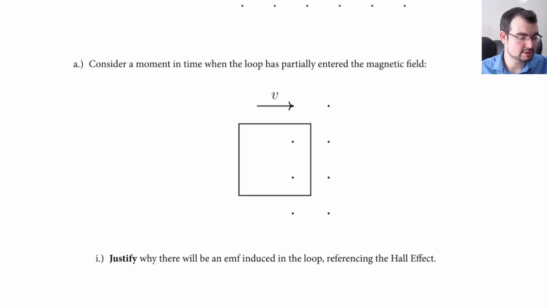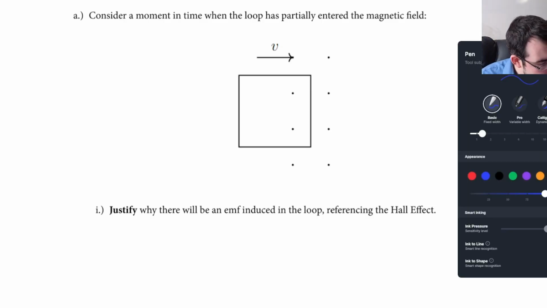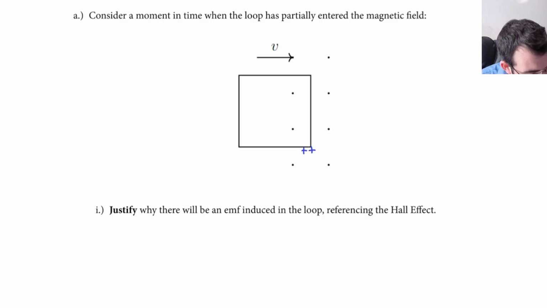This is actually identical to the problem we did earlier. So why is there an EMF induced in the loop referencing the Hall effect? Well, I'm moving to the right, my charge carriers are moving to the right, and my B field is out of the page. So the force points down, which means positive charge carriers are pushed down.